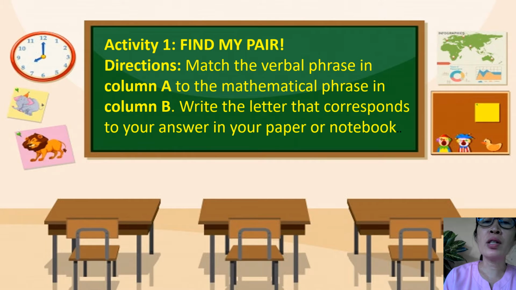Directions: match the verbal phrase in column A to the mathematical phrase in column B. Write the letter that corresponds to your answer in your prepared paper or in your notebook. This activity will enable you to recall your knowledge on how to translate verbal phrases to mathematical phrases.